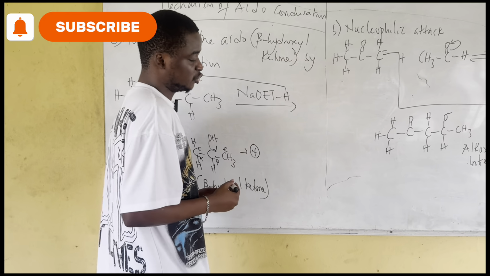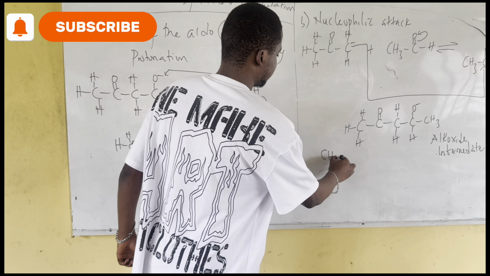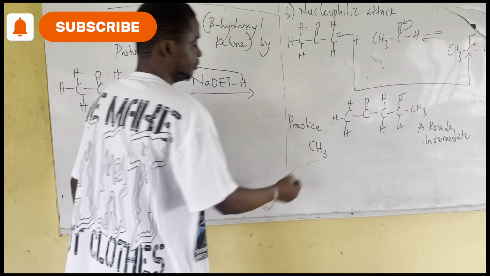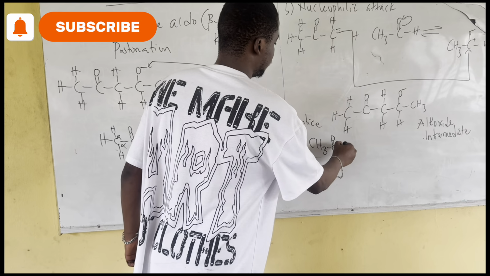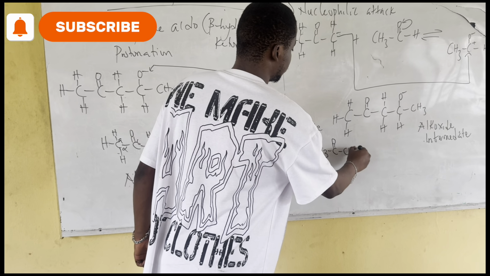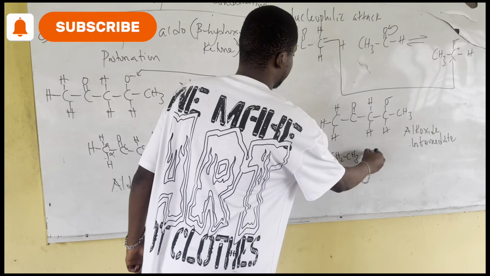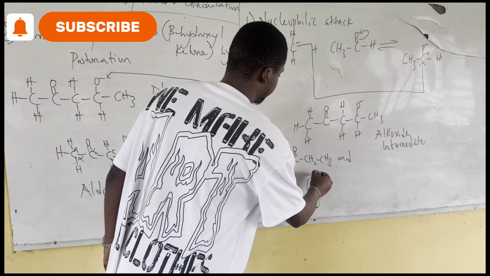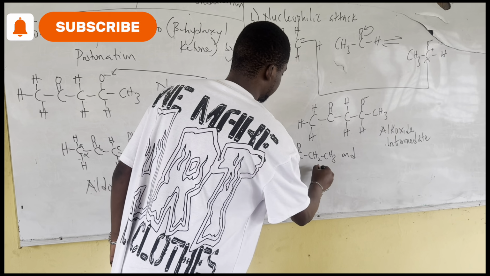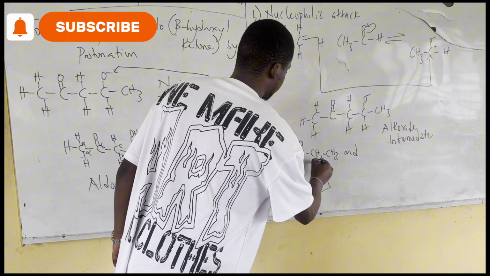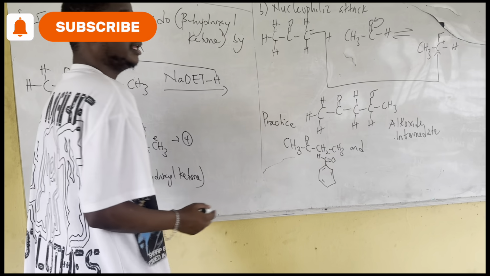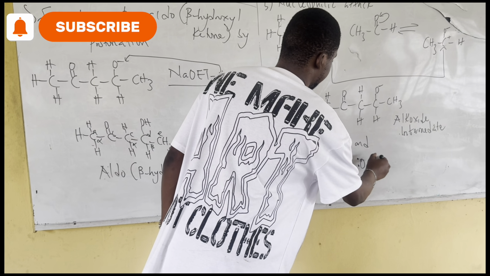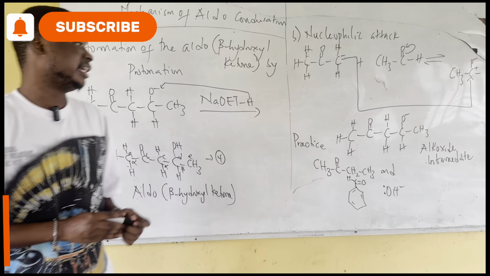So an aldol condensation reaction between CH3, this is a practice question, between CH3, C double bond O, CH2, CH3, and let's use benzaldehyde. C double bond O, H, and benzaldehyde using hydroxide as the base.